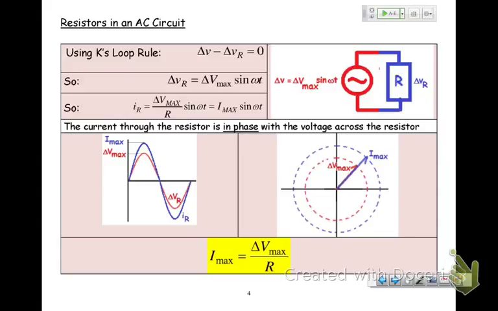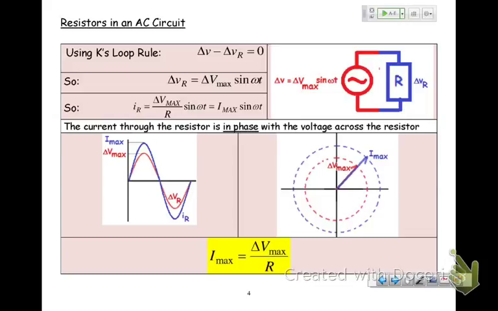So in the next 3 slides, we're going to deal with the way that the current and the voltage behave when AC is applied to a resistor, when AC is applied to an inductor, when AC is applied to a capacitor.